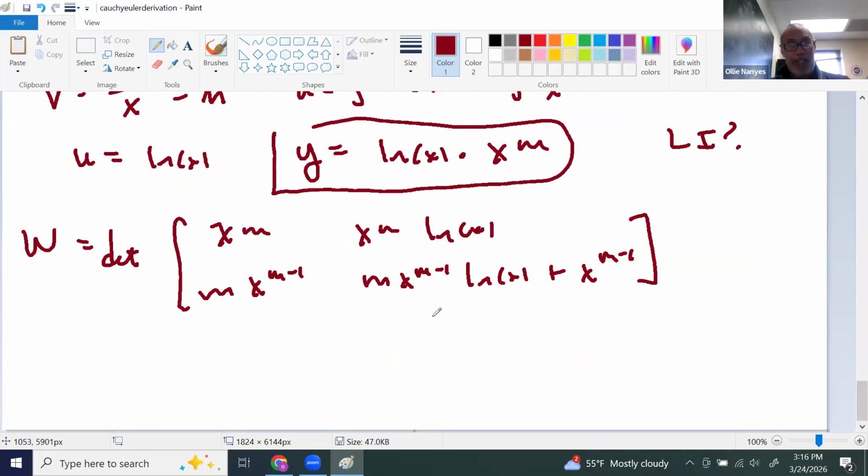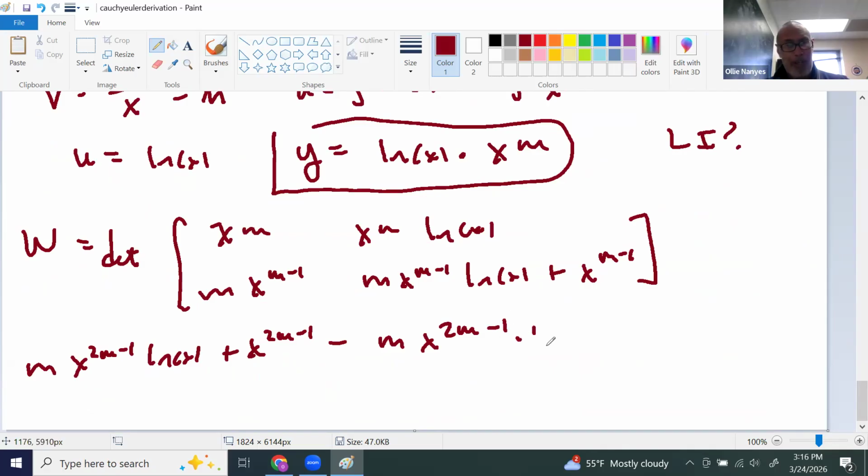So if you multiply this, we get m x to the 2m minus 1 log of x plus x to the 2m minus 1, subtract m x to the 2m minus 1 times log of x. This cancels, and we get our glorious answer, x to the 2m minus 1, which is not 0. So these are linearly independent.